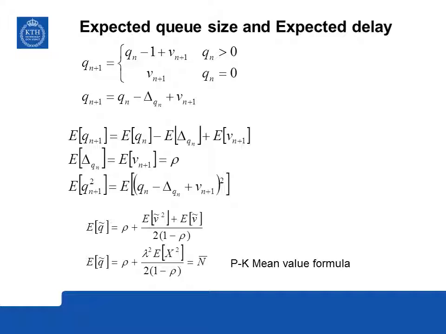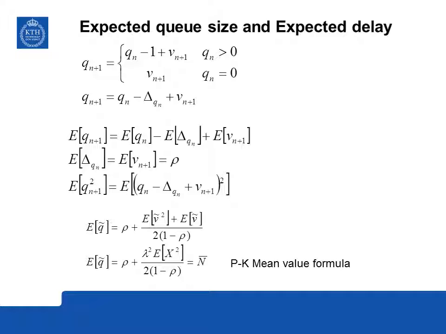At the bottom line we can express the expected queue size in terms of rho, and the expected value of the square of x, where x was the random service time, and this we denote n bar, the expected number of customers in the system.